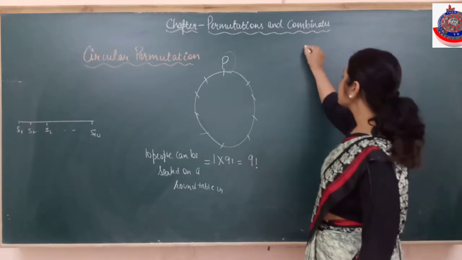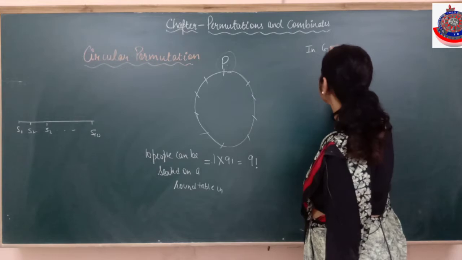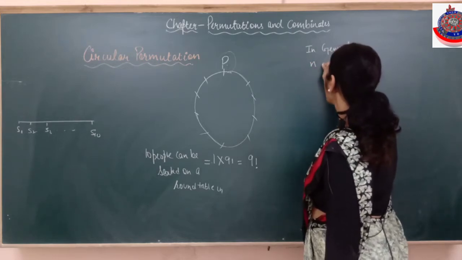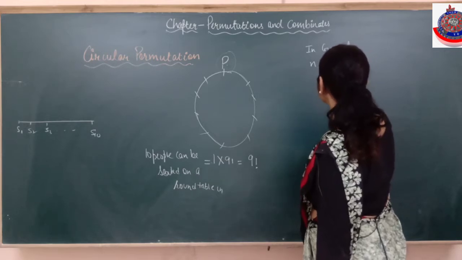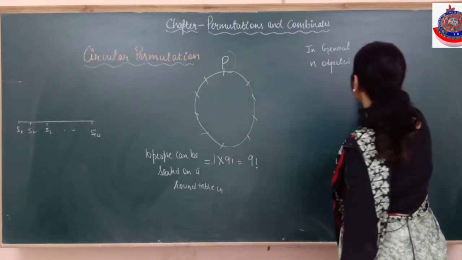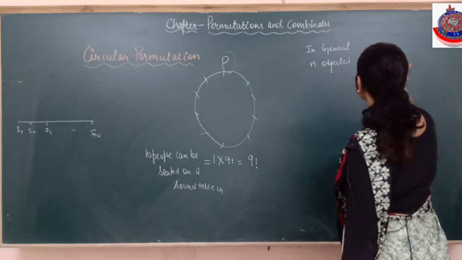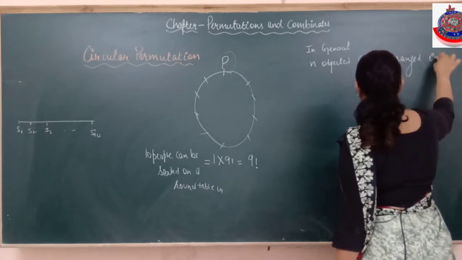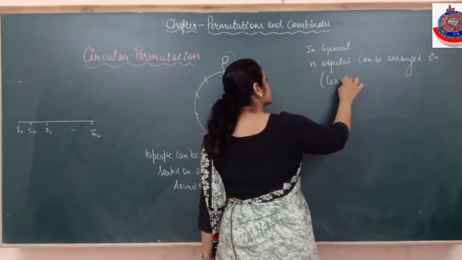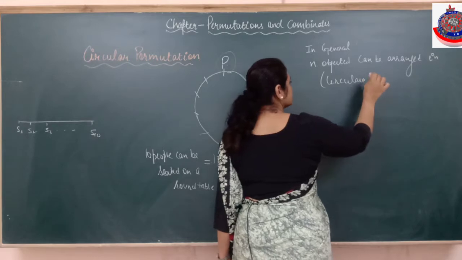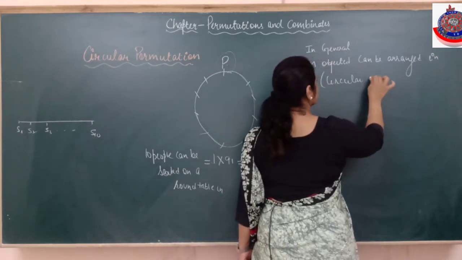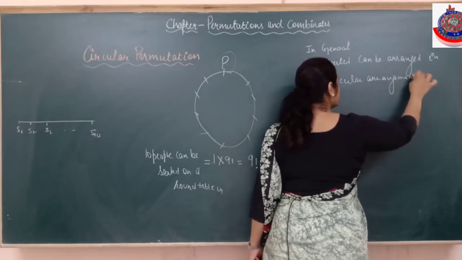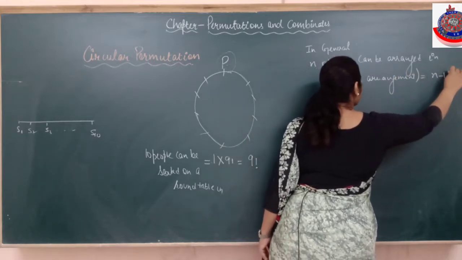So if I generalize, in general, n objects can be arranged in circular arrangement in n minus 1 factorial ways.